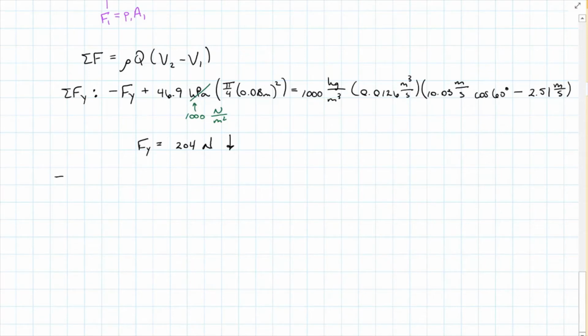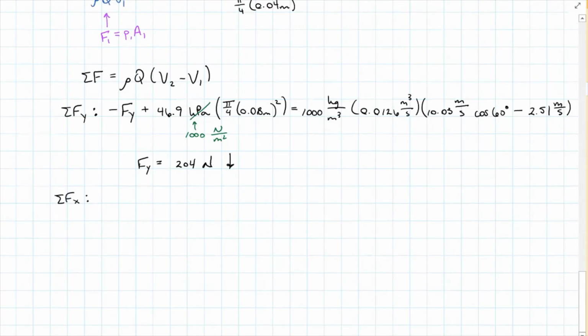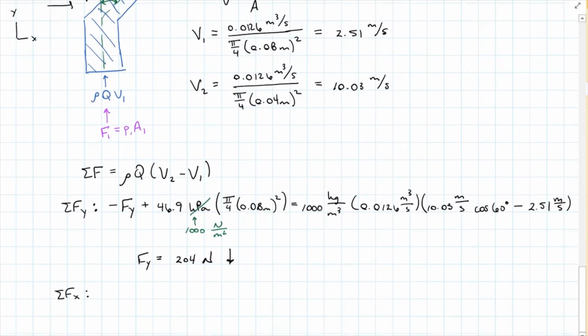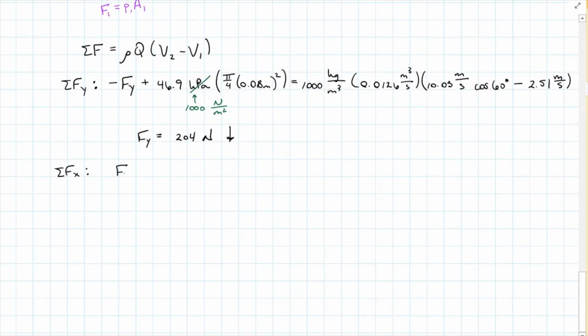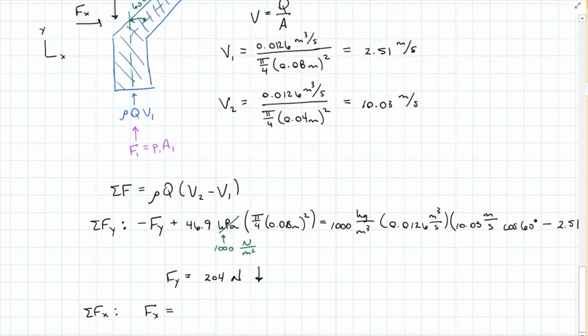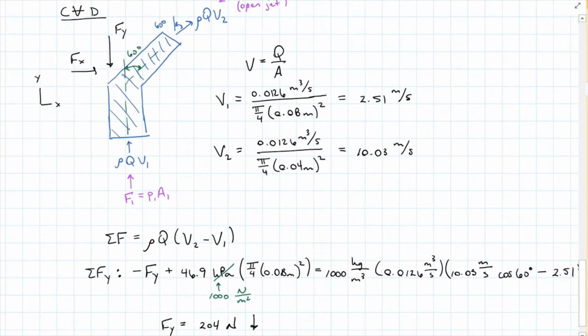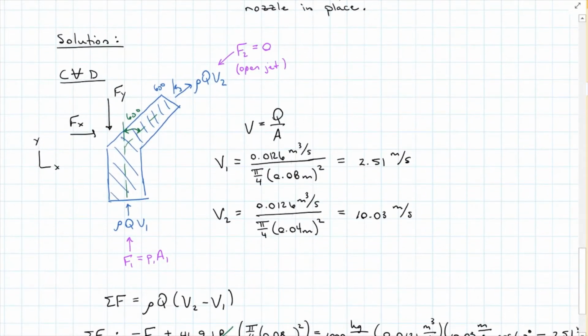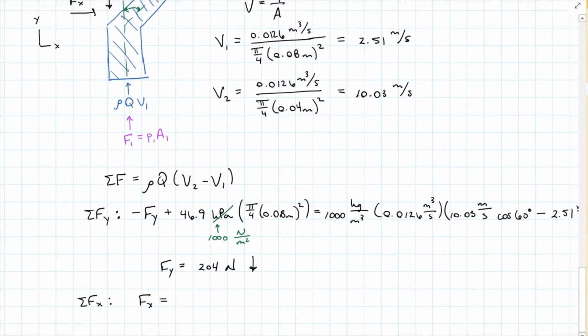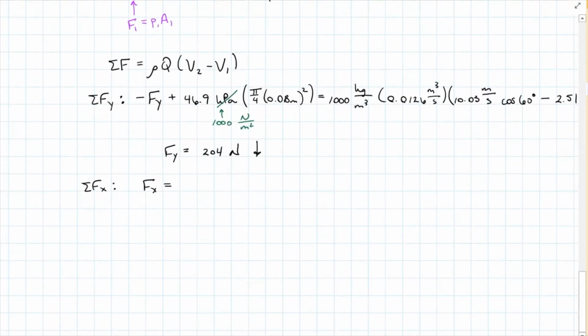Do the same thing for the X direction. I have force X. My incoming force, the pressure for that pipe, is all vertical, so I don't have anything in the X direction. And it's still an open jet for force 2, so that's still equal to 0. So now I can move to the second half.